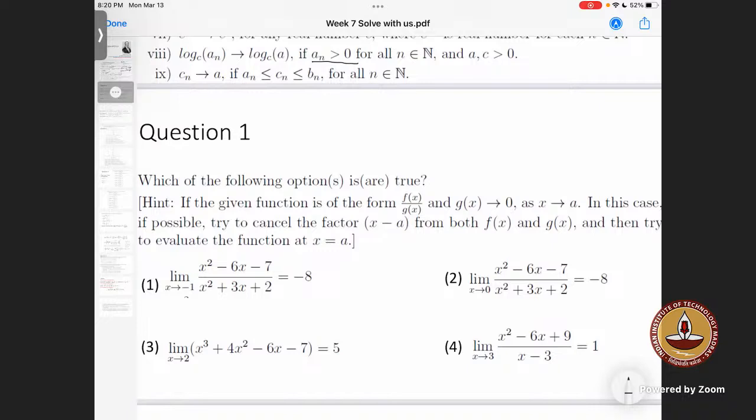If it is giving 0/0 form, everyone should be able to see the hint given here: if the function is of the form f by g, and g tends to 0 as x tends to a, then if possible, try to cancel the factor x minus a from both f and g, and then try to evaluate the limit. So for question number 3, there is no problem in directly placing the value, whereas for the other things, you have to be careful. I could see most of you have answered 1, 3.